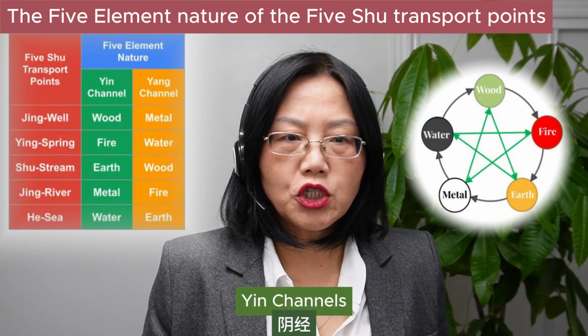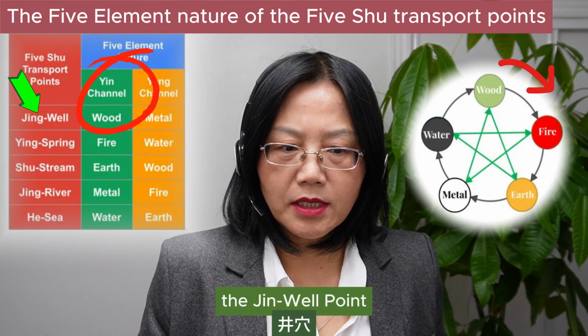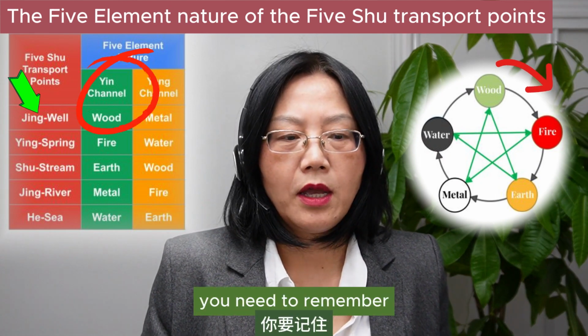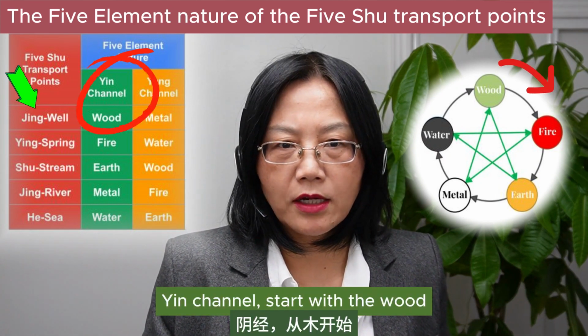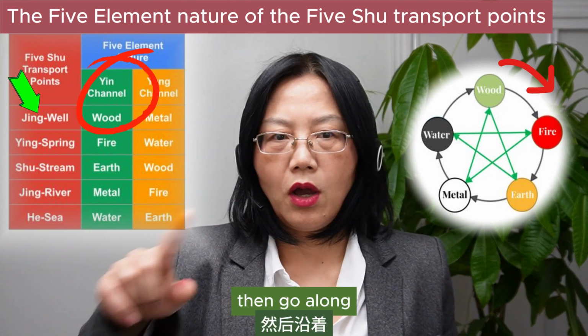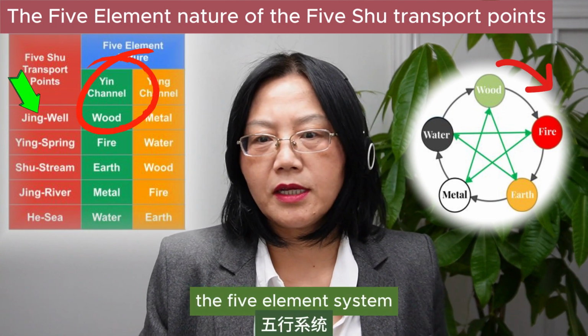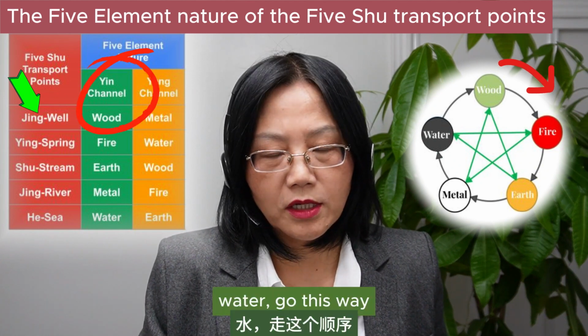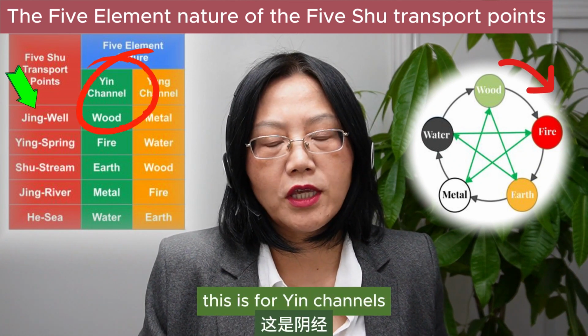In the yin channels, the Jing-Well point has the nature of wood. That's the difference you need to remember. For the yin channels, start with wood, then go along the 5-element system: wood, fire, earth, metal, water. Go this way. This is for yin channels.